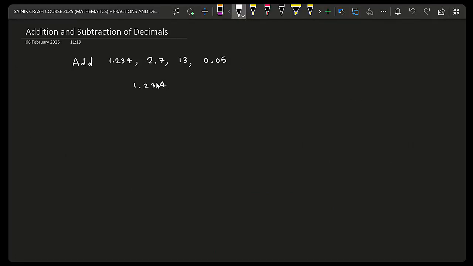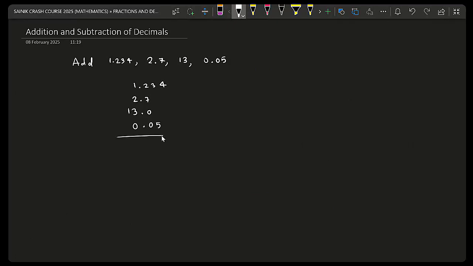To write 2.7 below this, first take care of the decimal. The decimal should be below the decimal. And similarly 13. There is no decimal in this, but we can create the decimal by writing 13.0. Here you can see the decimals are matching in the same column. And similarly, I can write 0.05.